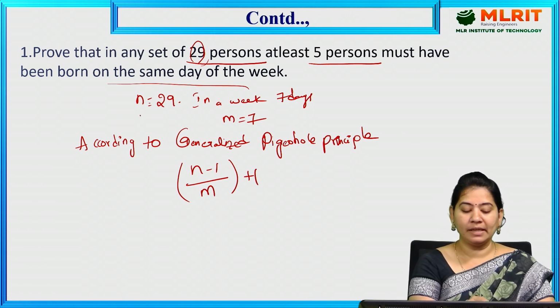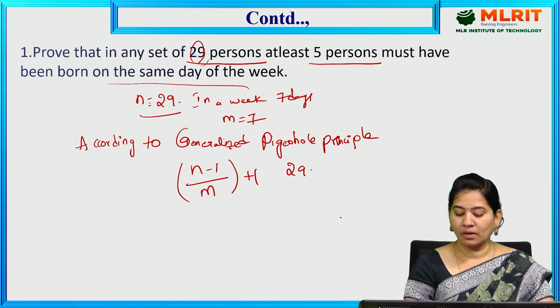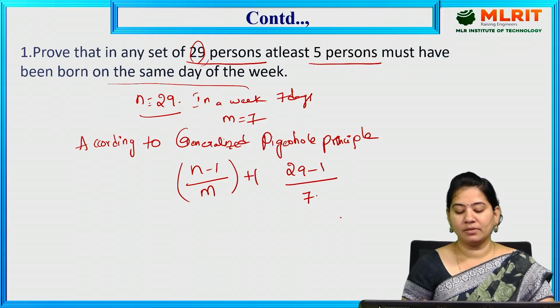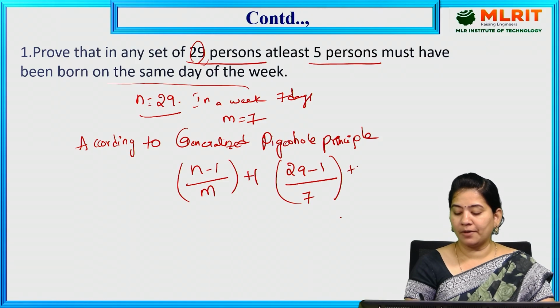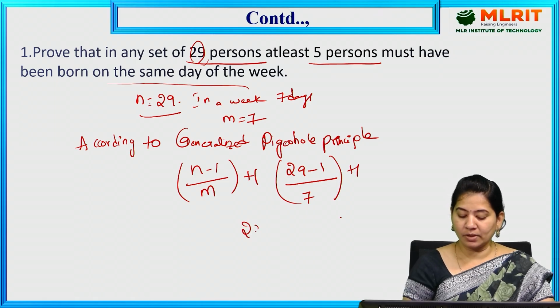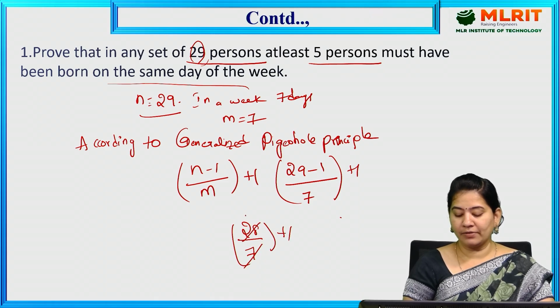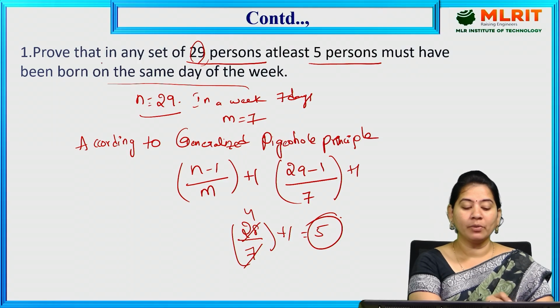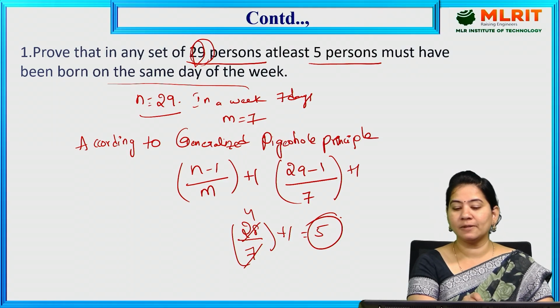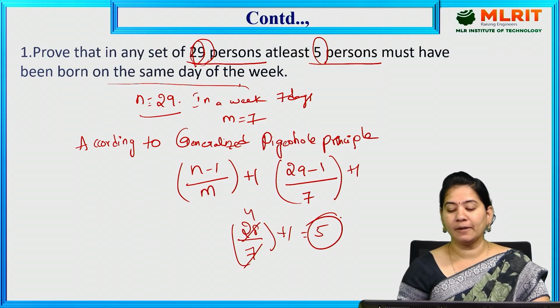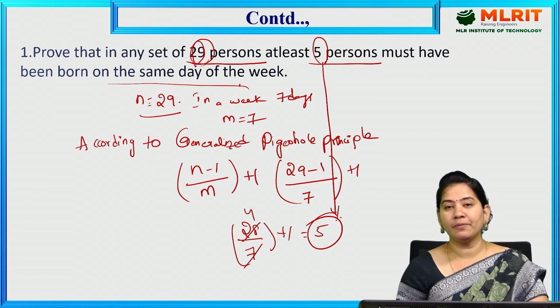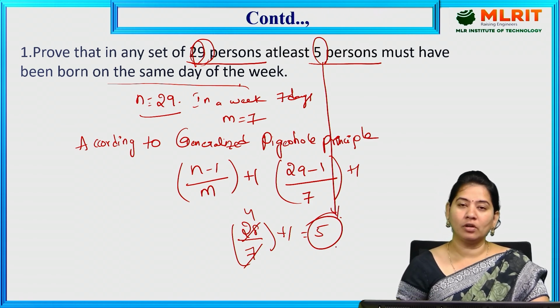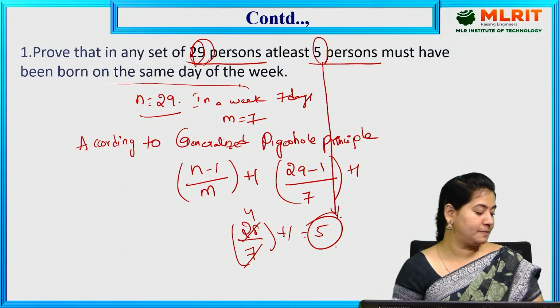What is n here? 29 minus 1, divided by 7, since m is 7, plus 1. 29 minus 1 is 28, divided by 7 is 4, because 7 fours are 28, plus 1, which is 5. The question was to prove that in any set of 29 persons, at least 5 persons must have been born on the same day of the week, and this is what we have proved. This is how you have to solve problems on the generalized pigeonhole principle.